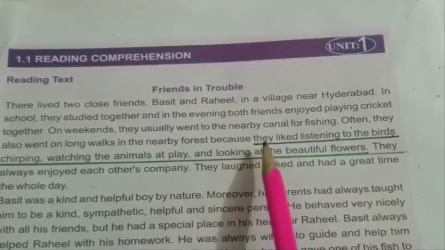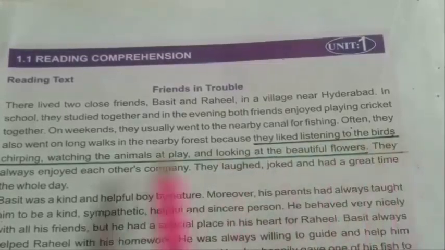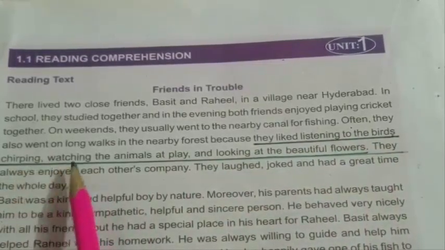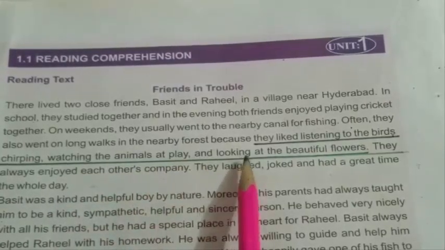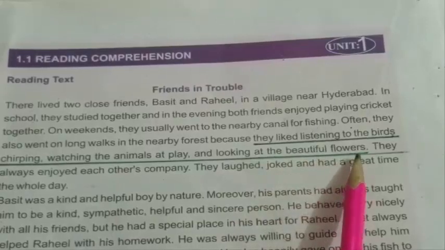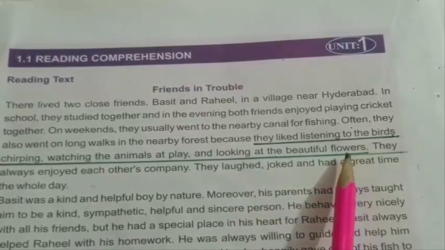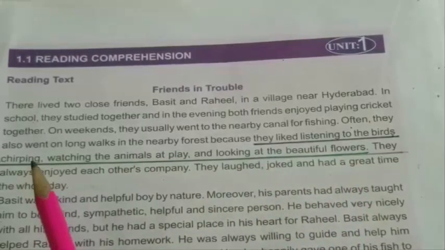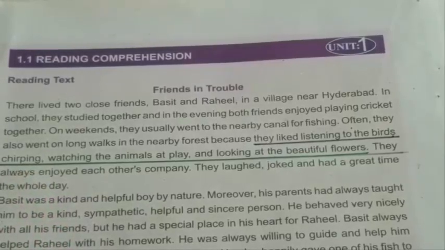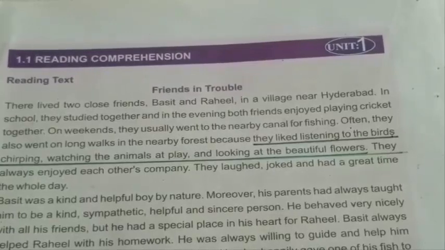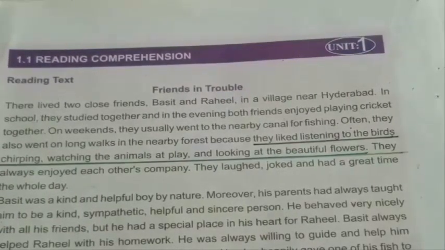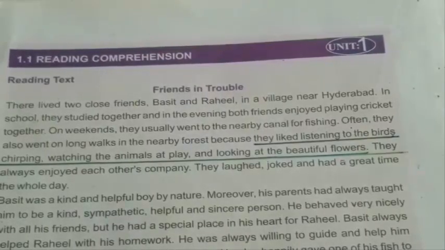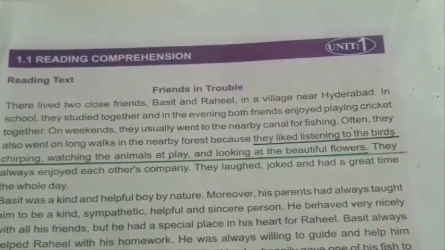Because they liked listening to the birds chirping, watching the animals at play, and looking at the beautiful flowers. Okay? Now you have to write these 3 reasons into your notebook to make it a complete sentence.